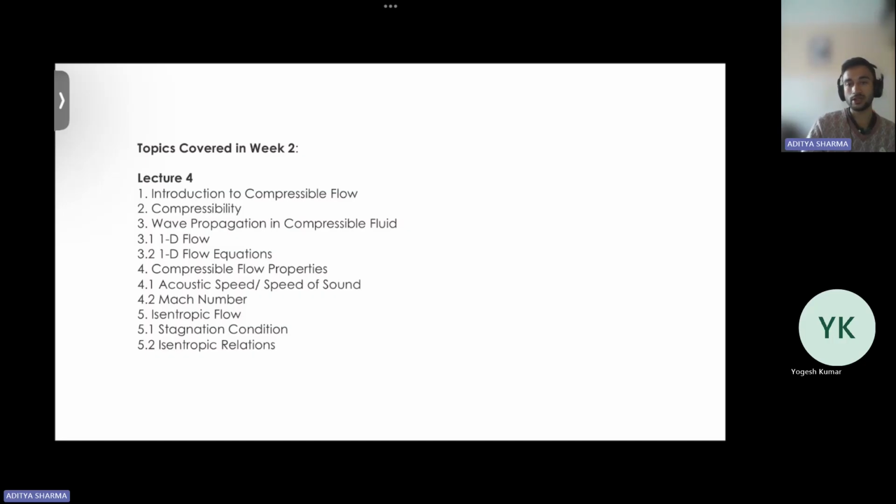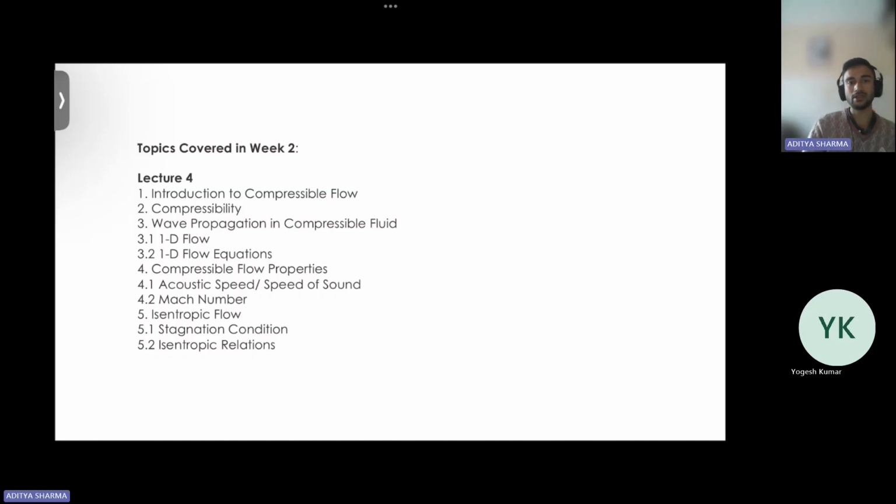So that is Mach number. Later we have categorized flow regimes based on this particular non-dimensional compressible flow property.